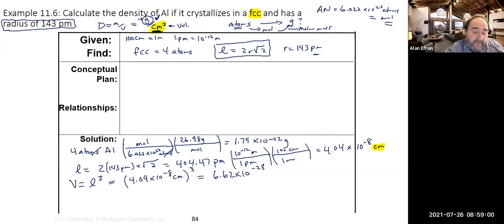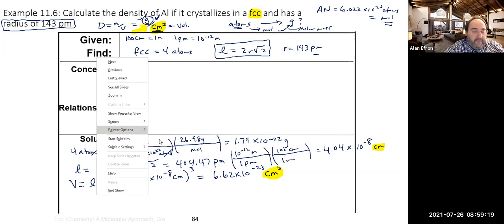Again, when we cube the length here, we end up now with cubic centimeters, which is now a volume. So we now have the volume.